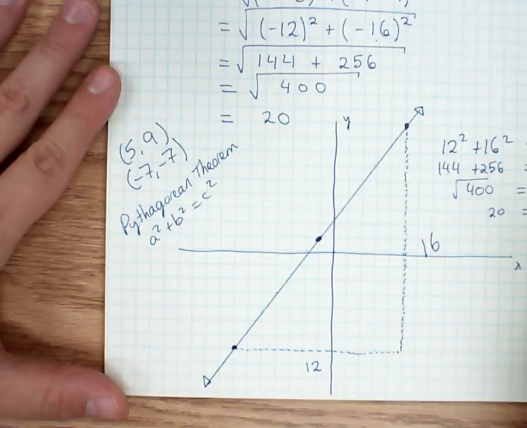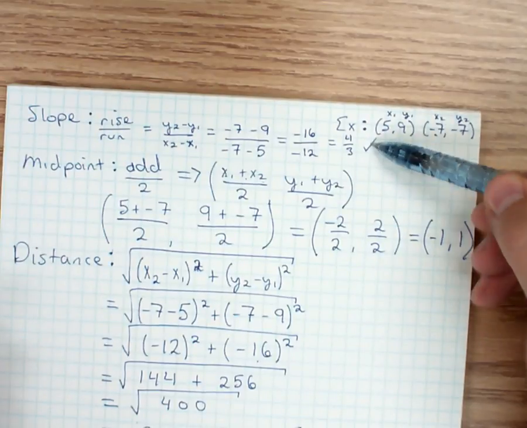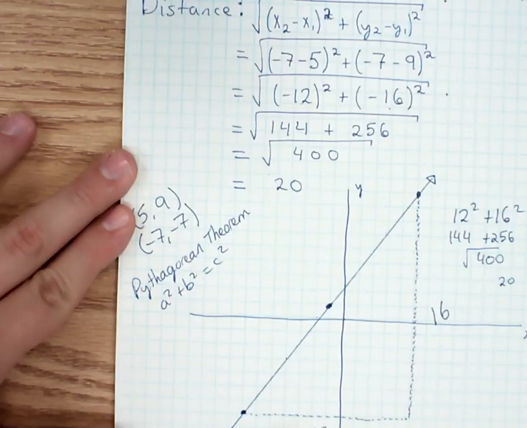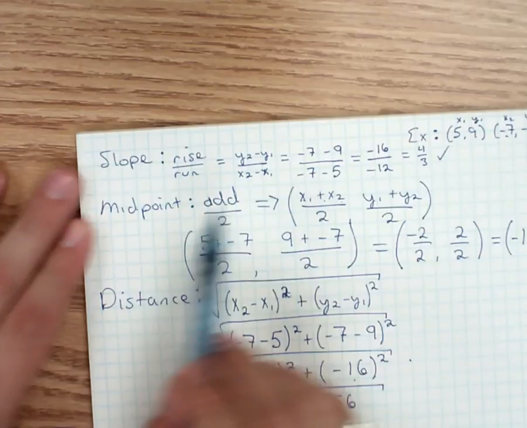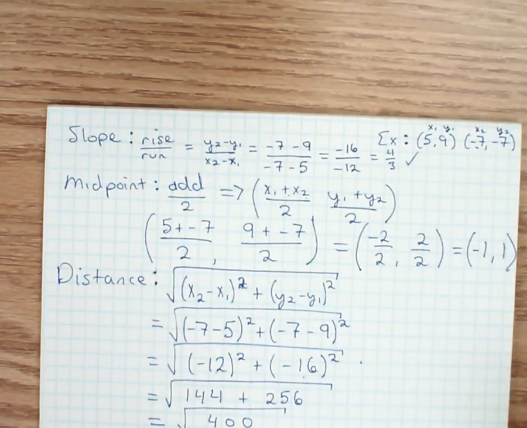Okay? So while I want you to be able to find slope and distance algebraically, if you can only do them graphically, that's still demonstrating that concept. But you have to be able to do midpoint algebraically. And that's a little introduction to slope, midpoint, and distance formula.